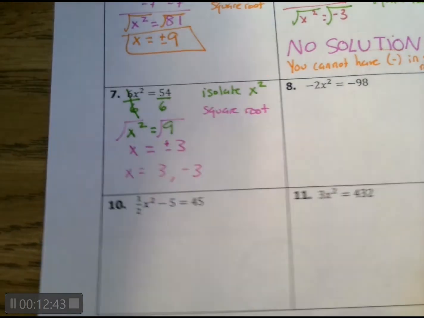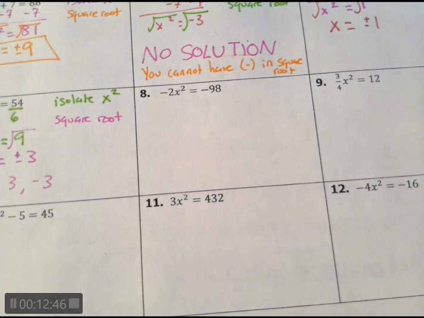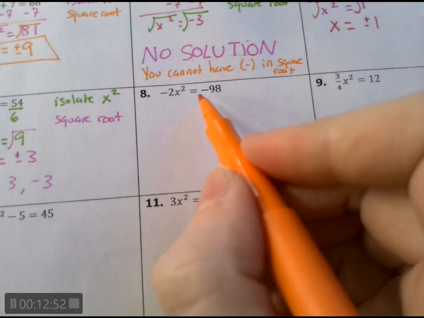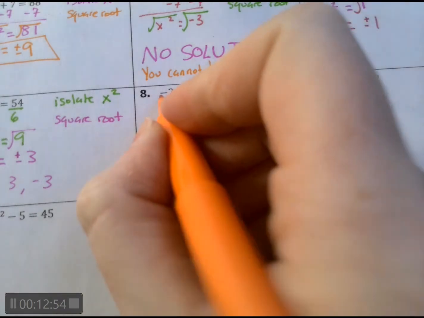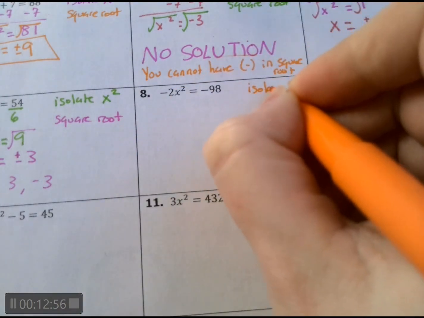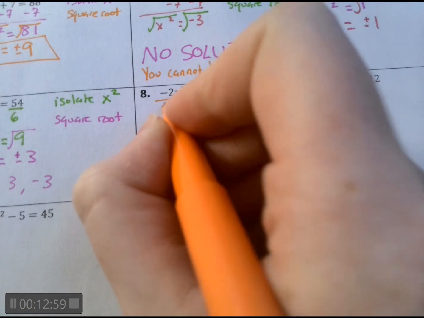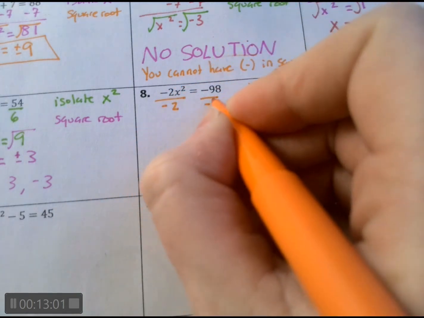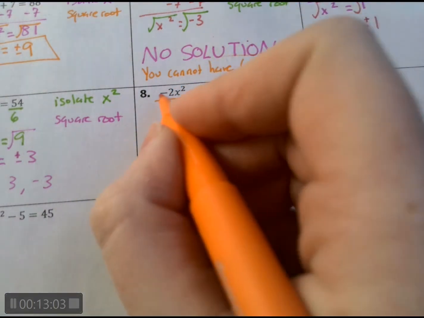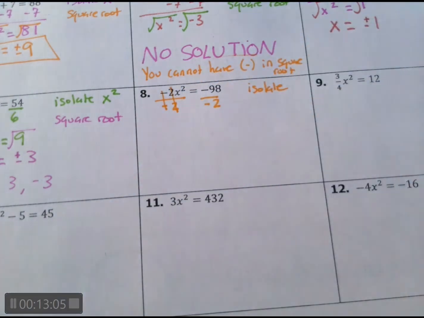Alrighty, next one. We have negative 2x squared equals negative 98. So we have negative 2 times x squared, so we're going to isolate, and we're going to divide by negative 2. That's going to cancel out the negative, and it's going to cancel out the 2.